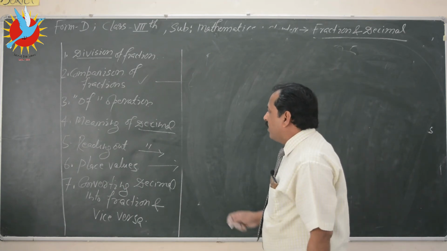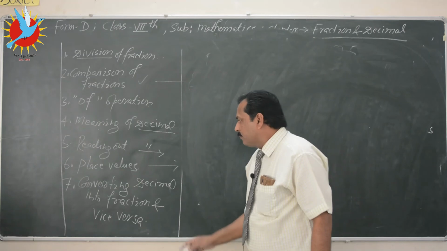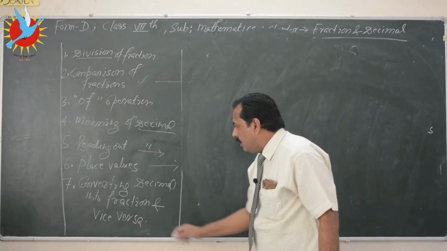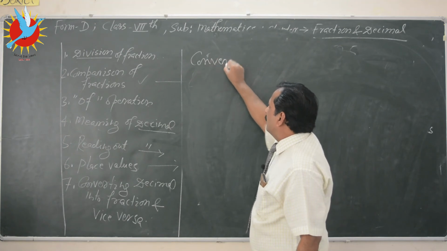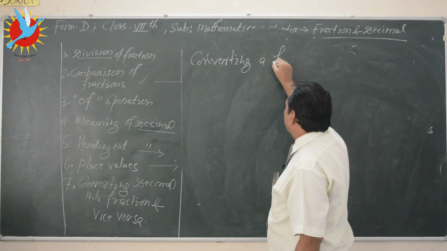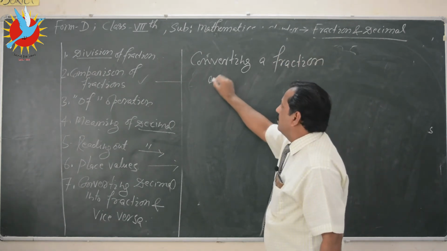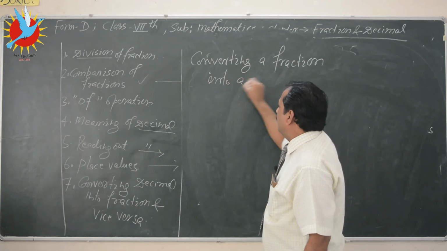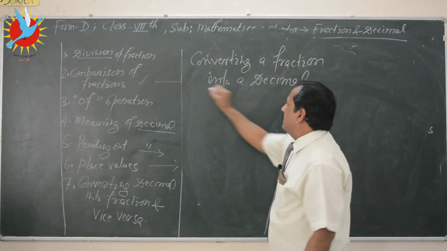Let me start with converting a fraction into a decimal number. So let us take an example.